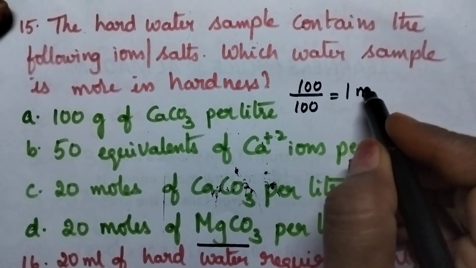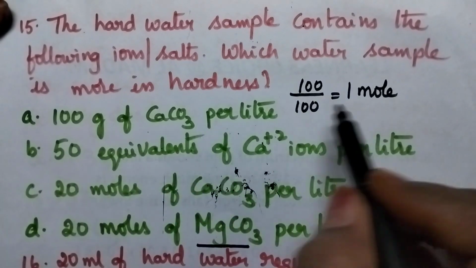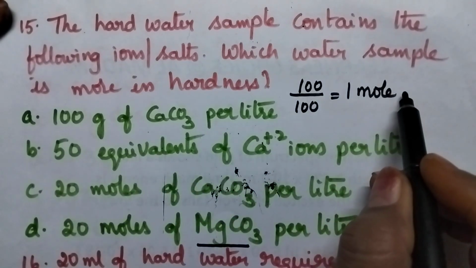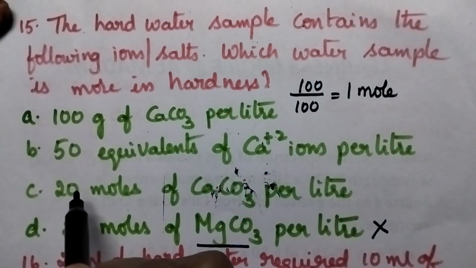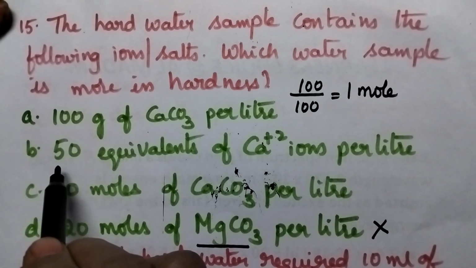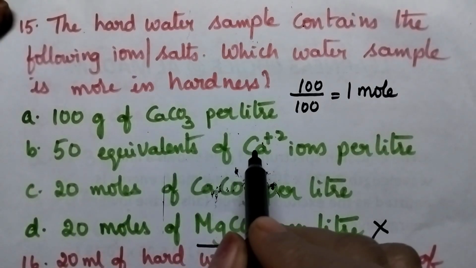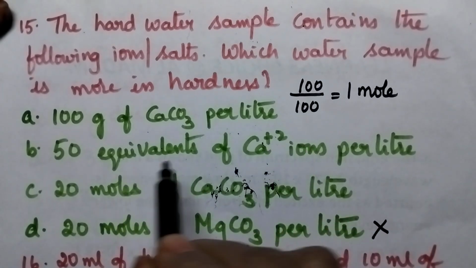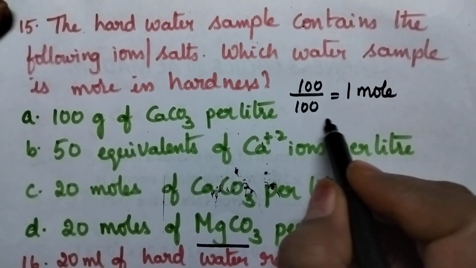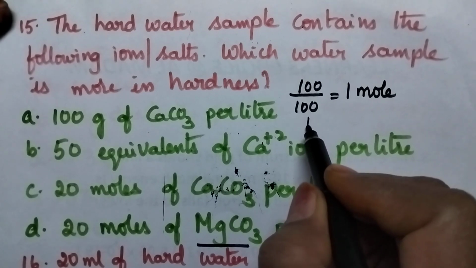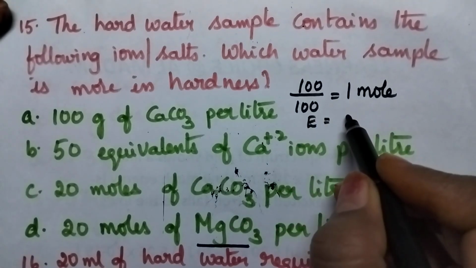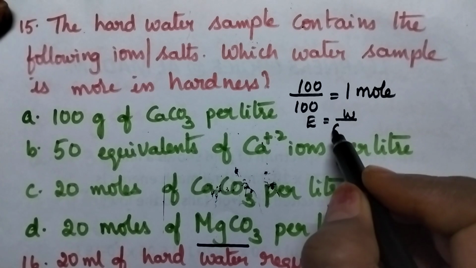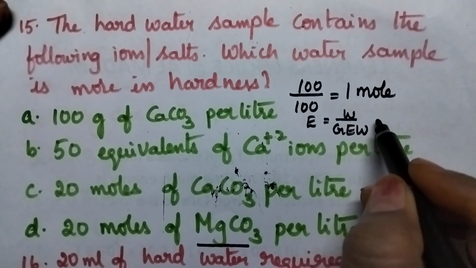So option A contains 1 mole of calcium carbonate per 1 liter of the solution. Coming to option B, it contains 50 equivalents of copper. So we have to convert it into number of moles. Equivalents can be obtained whenever the weight is divided by gram equivalent weight.